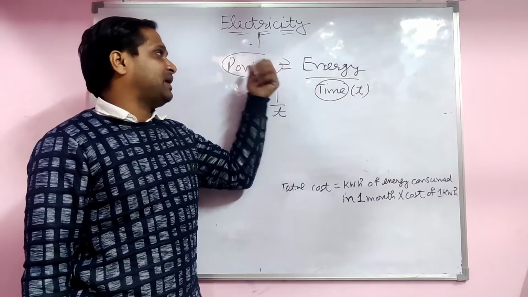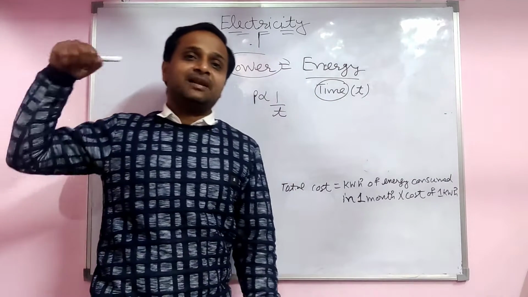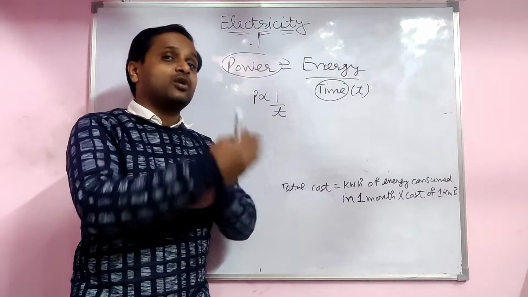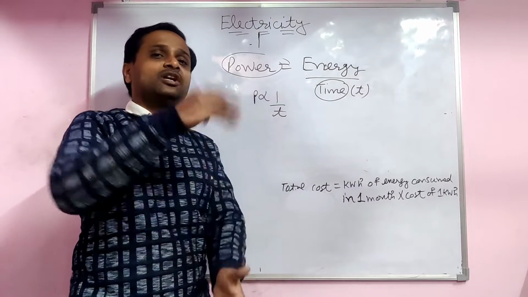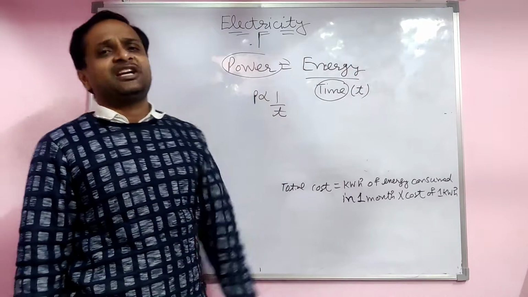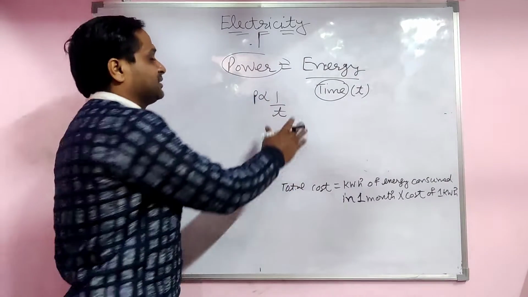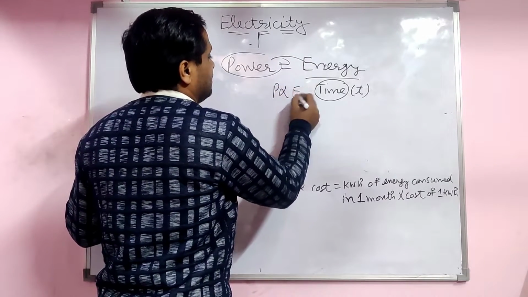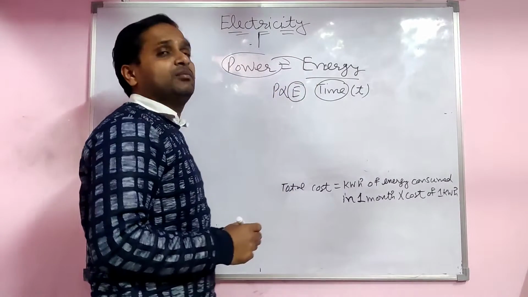When time is less, power is more. In little time you spend more energy, or in more time you spend less energy. Very easy: inversely proportional. And power and energy are directly proportional. If more energy is spent, more power is there.